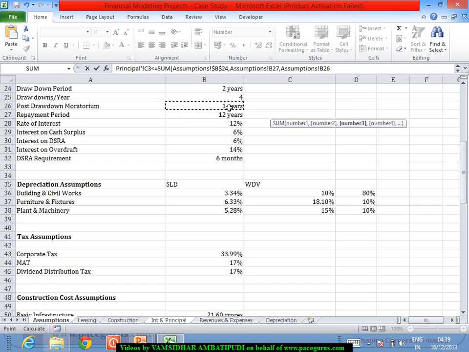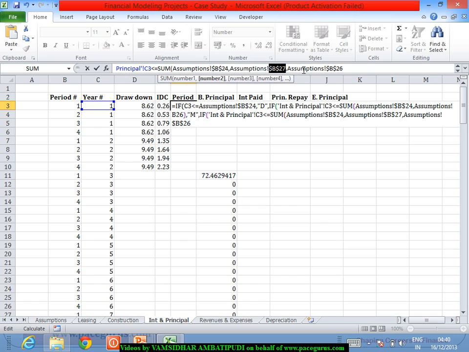If it is lesser than the summation of all these three, then also I will call this the repayment period. Otherwise, I will put it as a blank. This is how I will handle this logic, that beyond the repayment period, don't put anything.